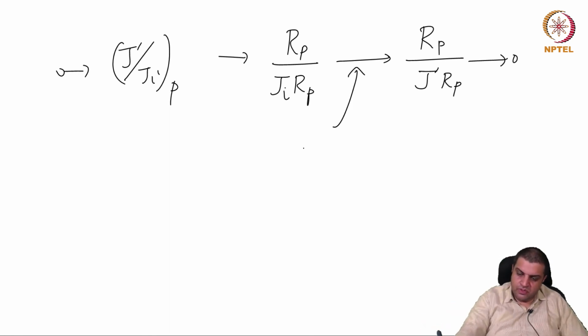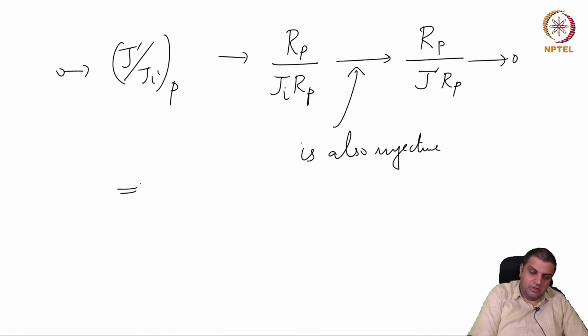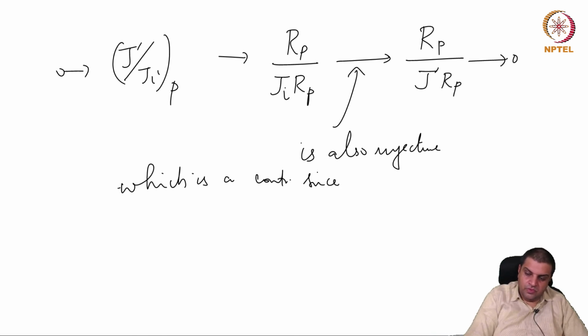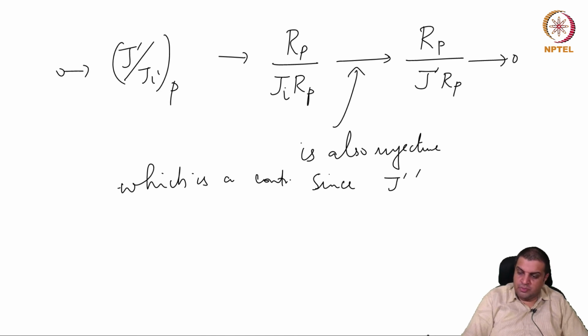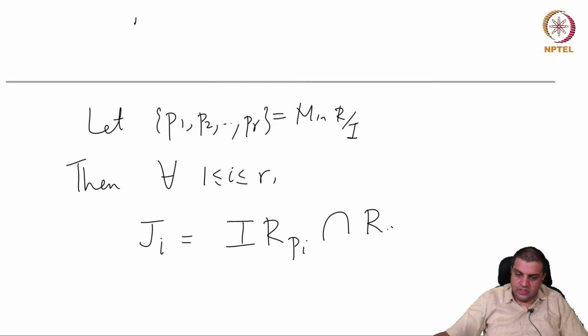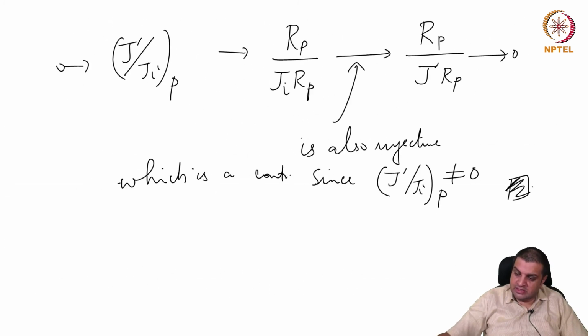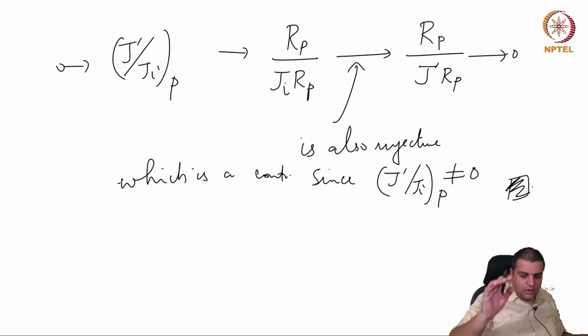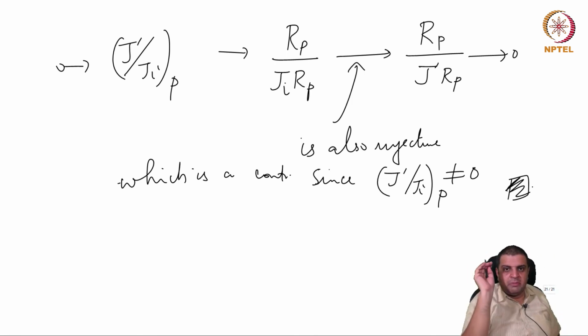So this is also injective, which is a contradiction, since J prime mod Ji localized at P is not 0. So that proves that the minimal components are uniquely determined. The primary components corresponding to the minimal primes are uniquely determined.